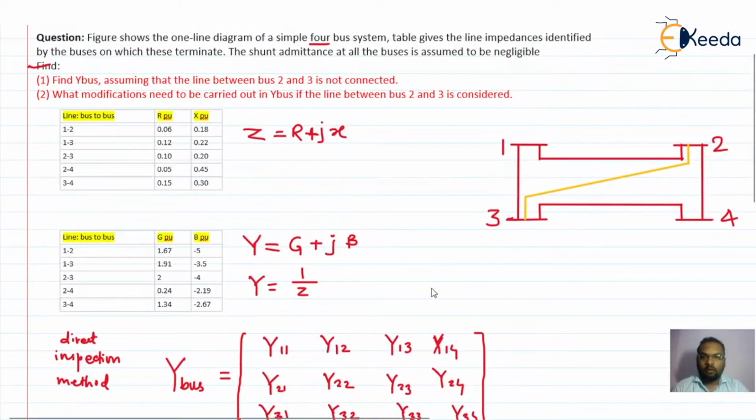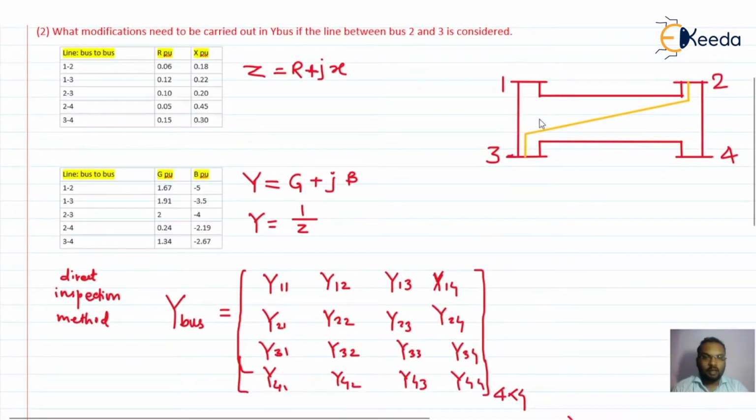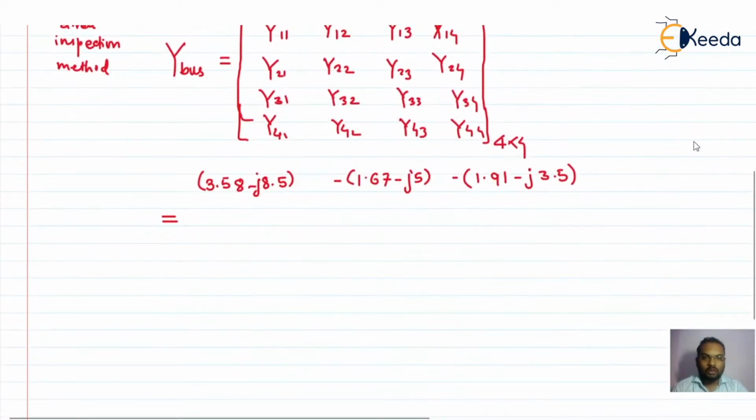Y14: is there any connection between bus 1 and 4? No connection, so obviously it will become 0. As I said, Y bus is a symmetrical matrix, so these elements will be the same here. Y12 is the same as Y21, Y31 is similar to Y13, and Y14 is the same as Y41.